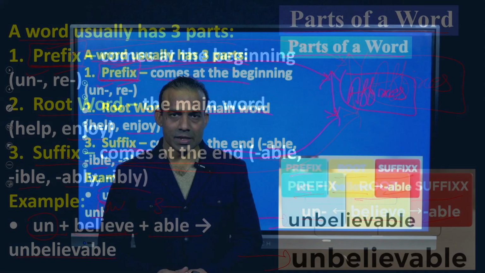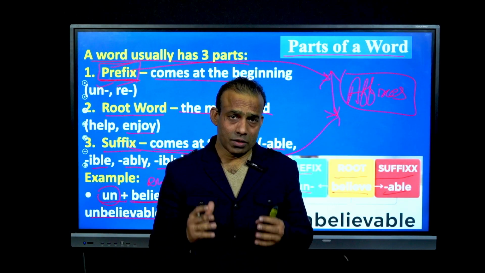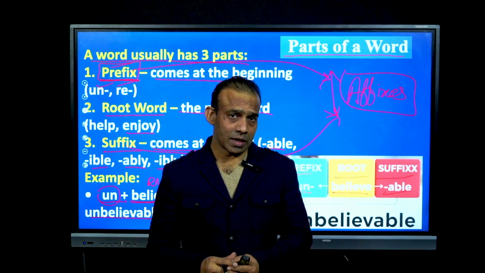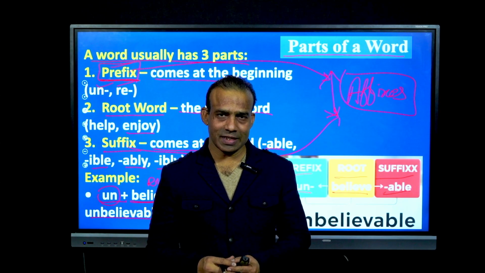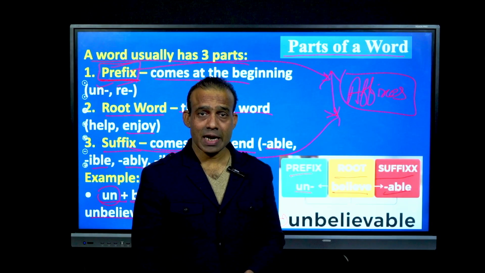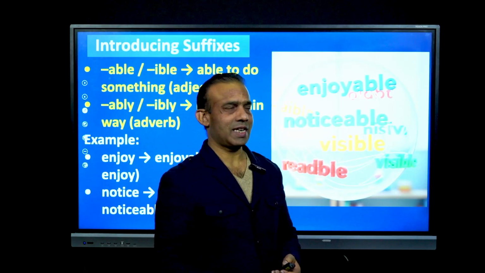So, dear learners, I hope you have clearly learned about this basic topic of the different parts of a word. Now move to the next slide and try to understand the next concept.